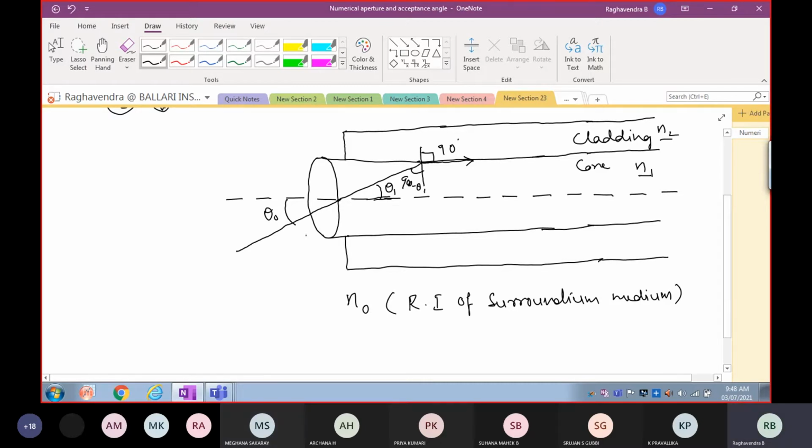So this particular angle of incidence theta naught is what we call the critical angle. Critical angle is that angle of incidence for which the angle of refraction is 90 degrees at the interface between core and cladding. That angle is what we call the critical angle. Have you understood this? Yes, sir. What about others?